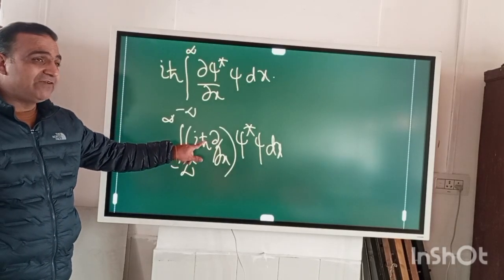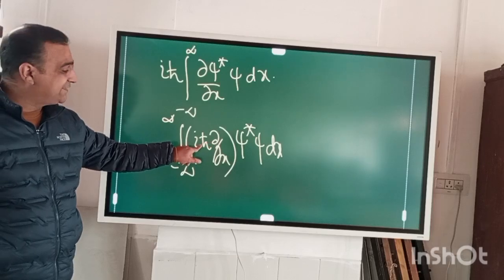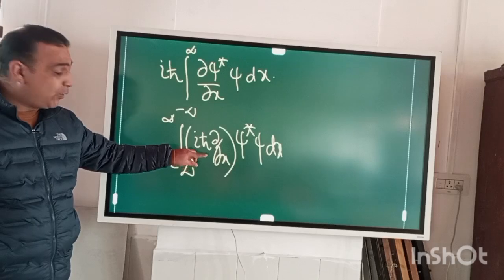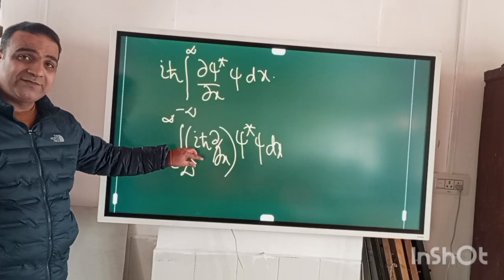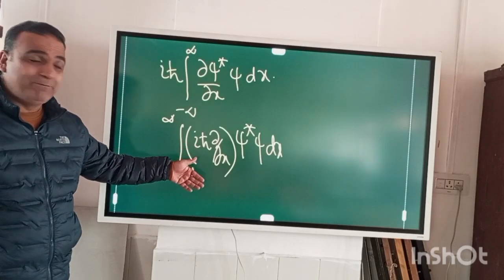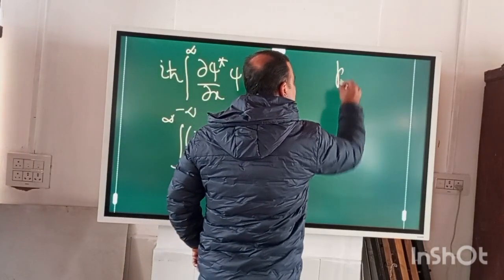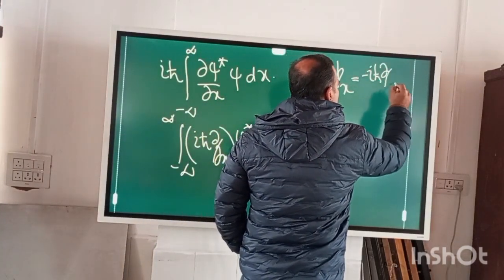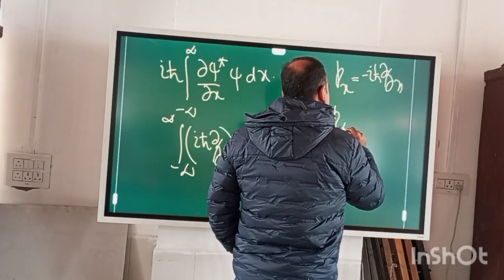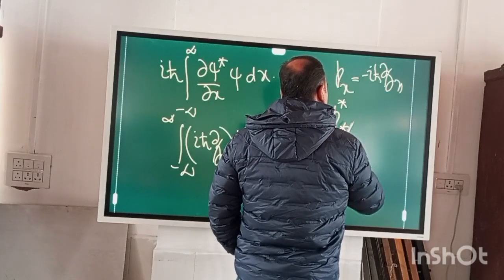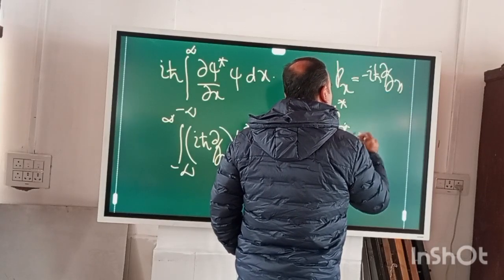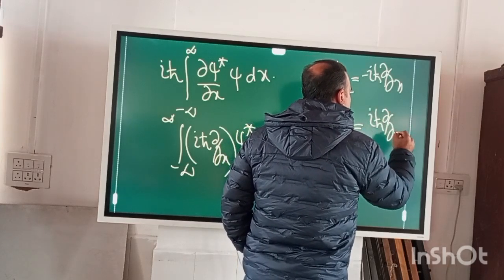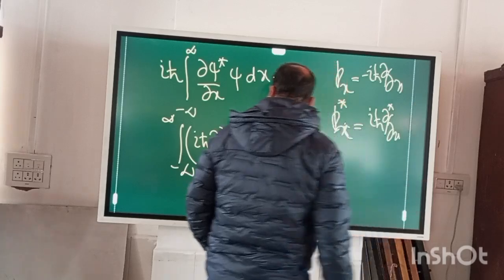See, if I talk about px, px is minus i h bar dou by dou x. Then plus i h bar dou by dou x is basically the complex conjugate of px. So if px is minus i h bar dou by dou x, then px star has to be plus i h bar dou by dou x. You can put a star here, no problem.